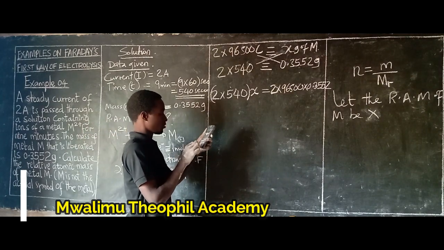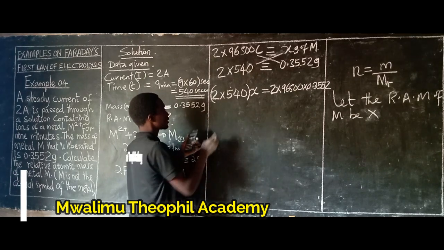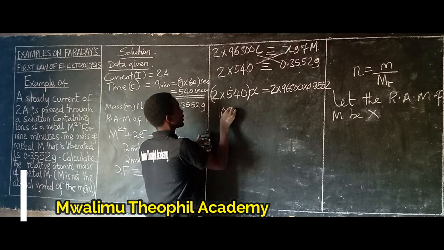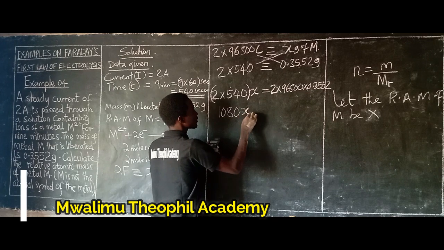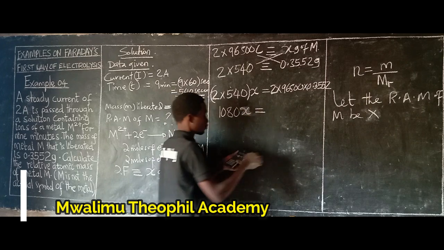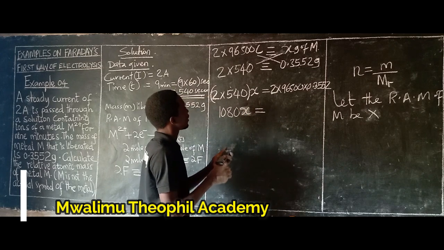After that, let us compute by using a calculator the values on the right hand side and the left hand side. On the left hand side we have 2 times 540, we are going to get 1080 times X. So 1080 times X will be equal to, let us compute the right hand side.